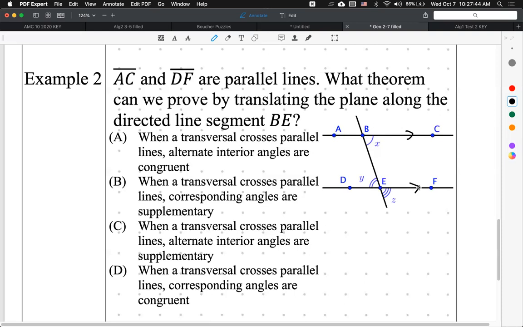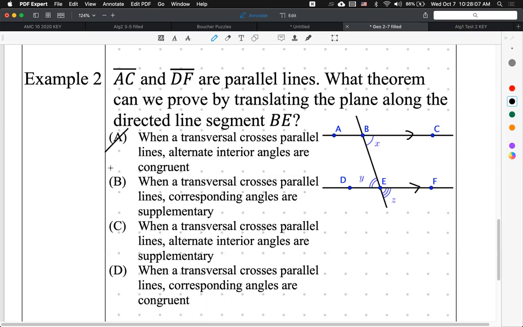Because the whole idea is they should be congruent, which means they should overlap. Is it possible to map Y onto X with a translation? You guys should all be doing a thumbs down or shaking your head. No, it is not possible to do that. You need some sort of reflection or rotation, neither of which it's asking for. It's only doing a translation.